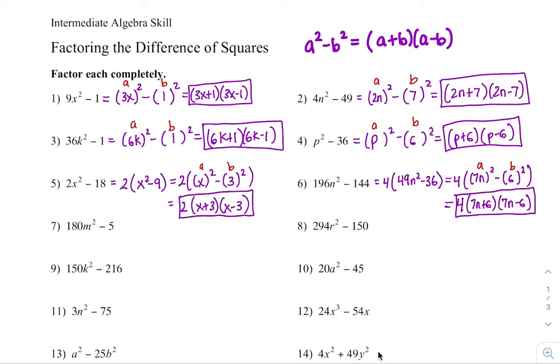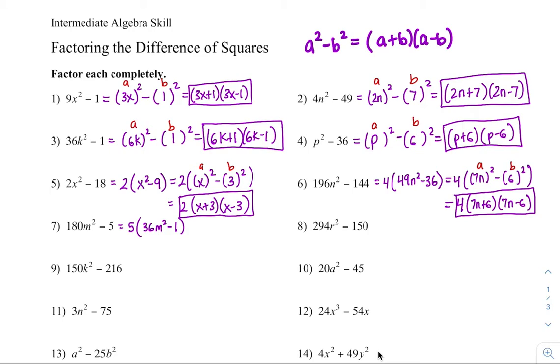Okay. Number 7. Between 180 and 5, I can factor out a 5 from both. So 180 divided by 5 is 36m squared minus 1.